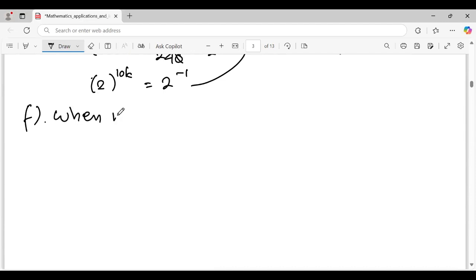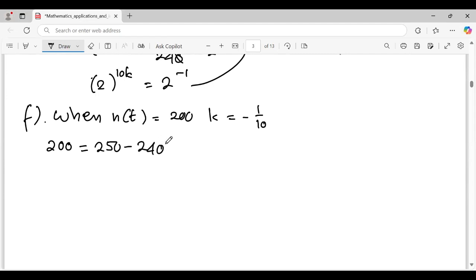When N(t) equals 200, according to the information, k equals minus 110, according to our calculation. So the function becomes 200 equals 250 minus 240 times 2 to the power of minus 110t, because k equals minus 110.